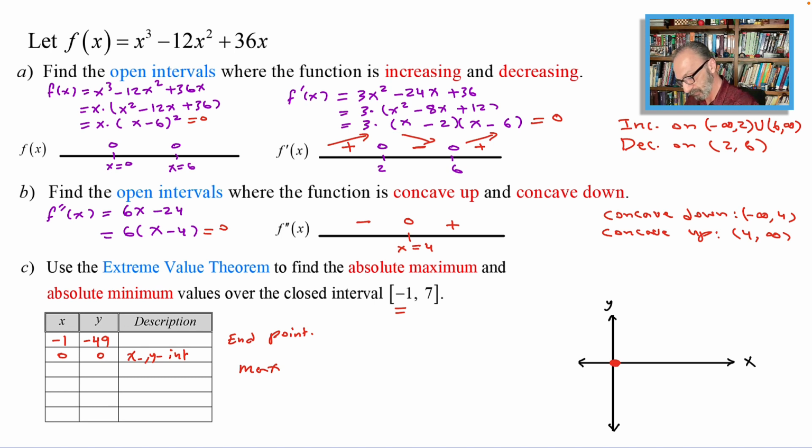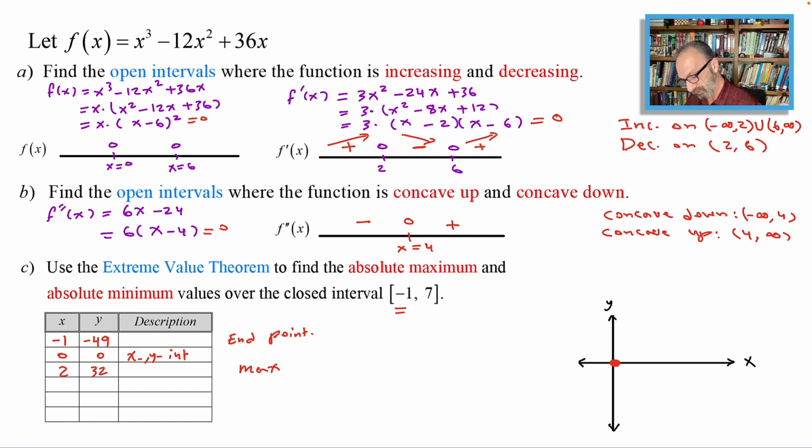So we need the 2 to use, and plugging in 2 in the function, I have 32. So this is a max point, since f prime tells me that there's a max at 2.